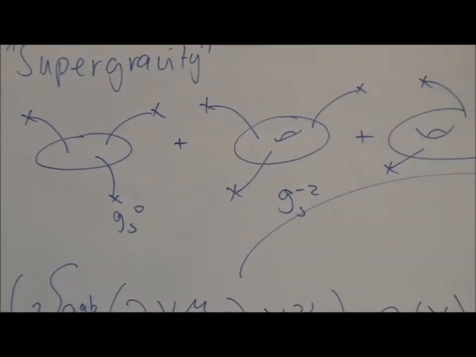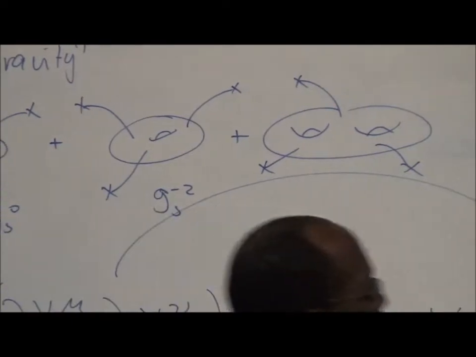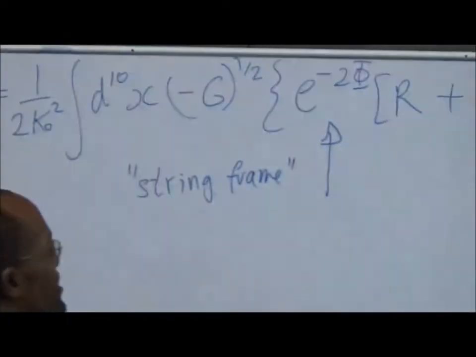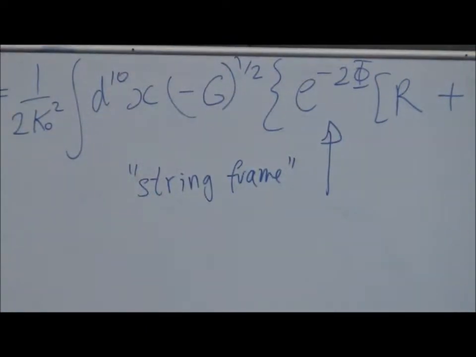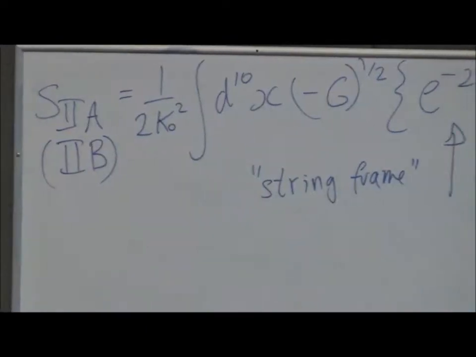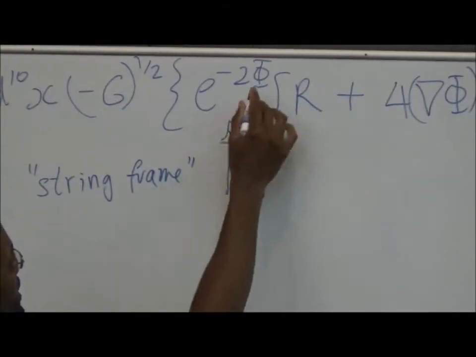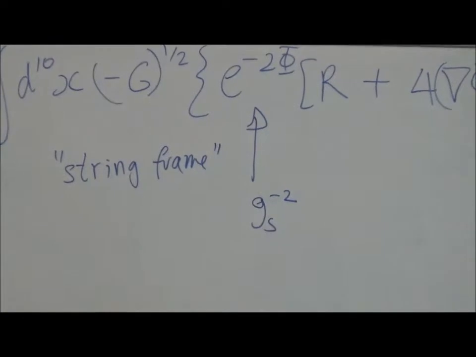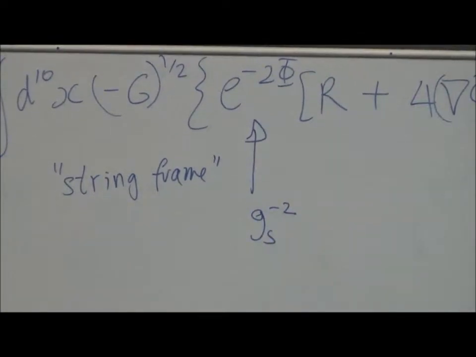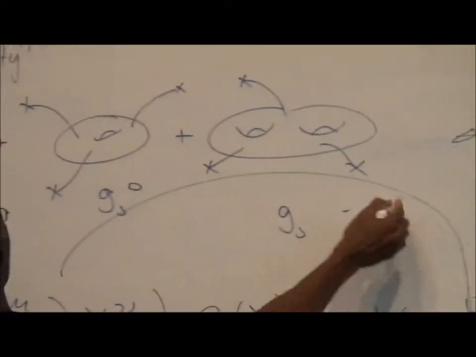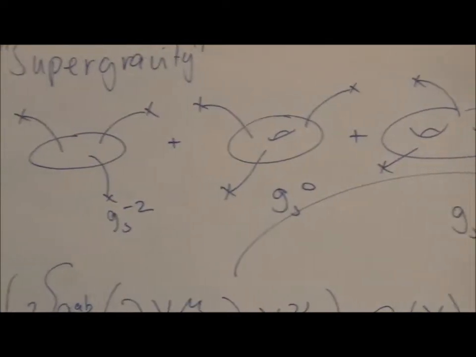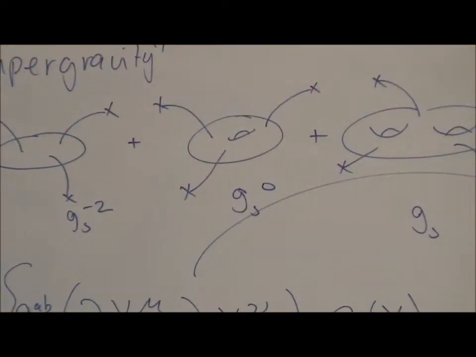Okay, all of that was just to allow me to say: one of the reasons you can see that this is a good frame to be called the string frame is because this is at order G string to the -2, G string to the 0, G string to the -2, etc. That's the sphere level, that's tree level in string perturbation theory.